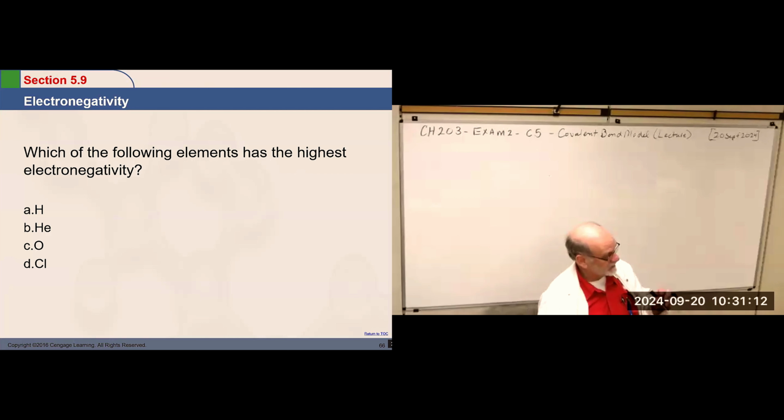Now we can choose between hydrogen, oxygen and chlorine. Oxygen is above chlorine in the table, so oxygen should be more electronegative than chlorine. Hydrogen is kind of off by itself, and it's only got one proton anyway, so it's not the most electronegative. I think oxygen should be the most electronegative.